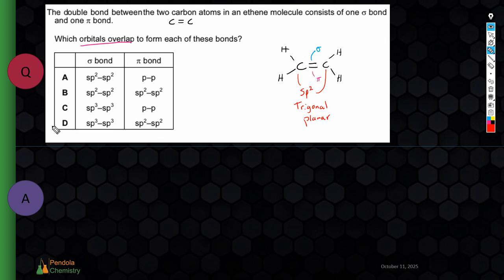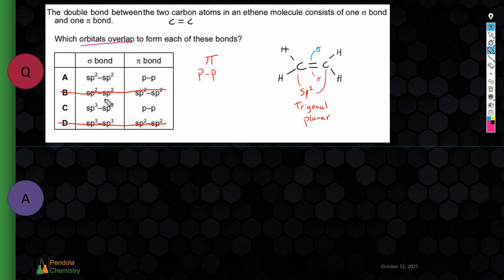Now, if we look at our answer choices, automatically we should be able to cancel out two of these. We learned that for pi bonds, there's only one option. Pi bonds can only ever happen when a p orbital overlaps with a p orbital. That means that option B and option D are not possible since they have hybrid orbitals overlapping for that pi bond. And we're left with just two options, A and C.